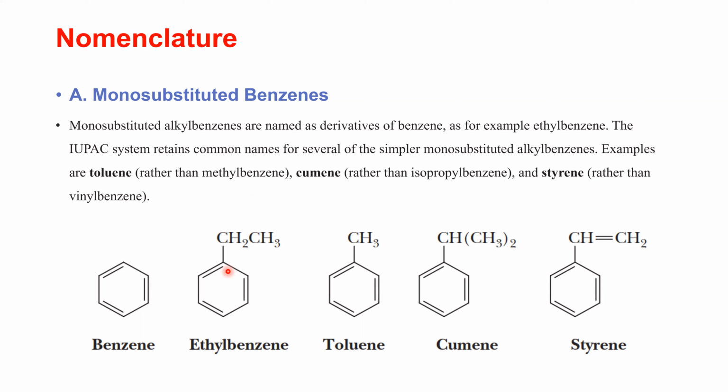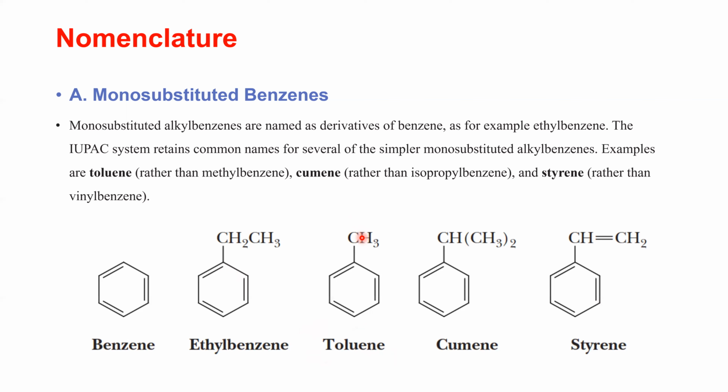For example, if the benzene ring has a methyl substitution, this is termed toluene. We can use toluene as a parent name to mention that there is a benzene and a methyl group on it, and then we can define the other substitutions if it has more.